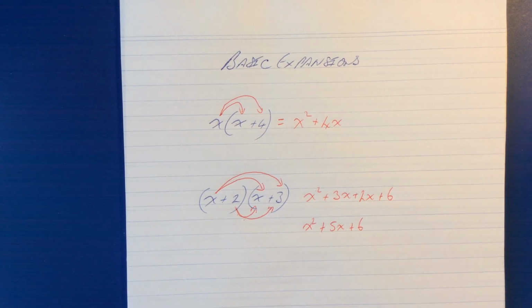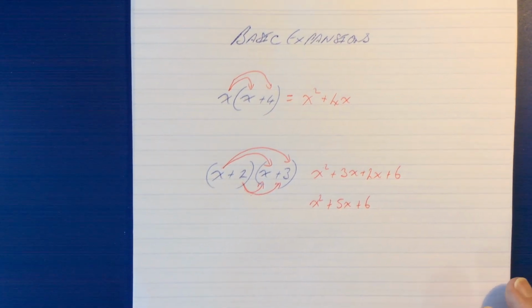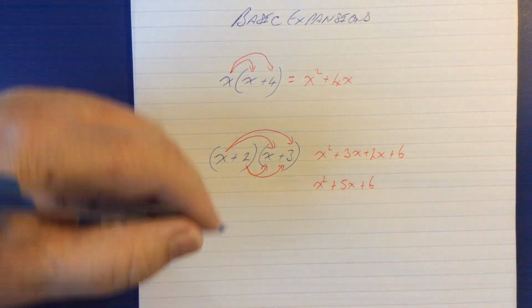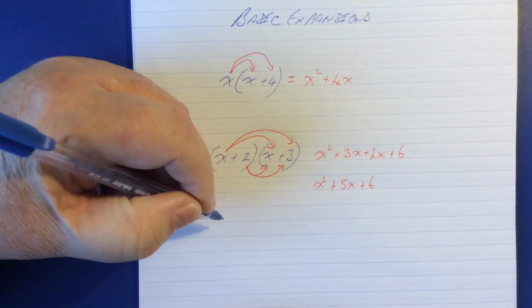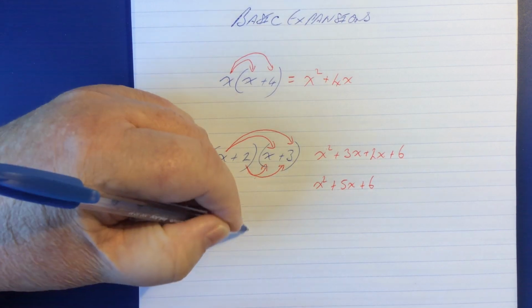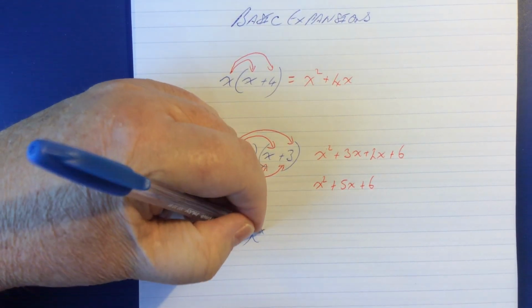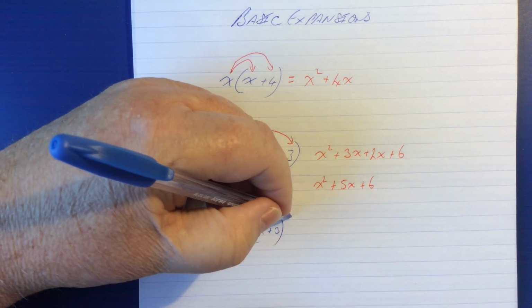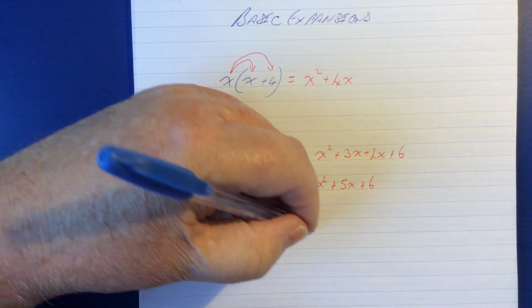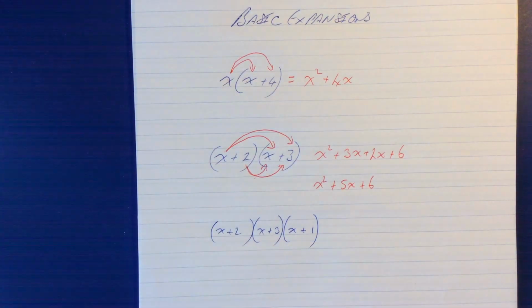Now, I'm going to get a little more daring. To finish this video, I'm going to do the following. So x plus 2 times x plus 3 times x plus 1. Now, what do I do?